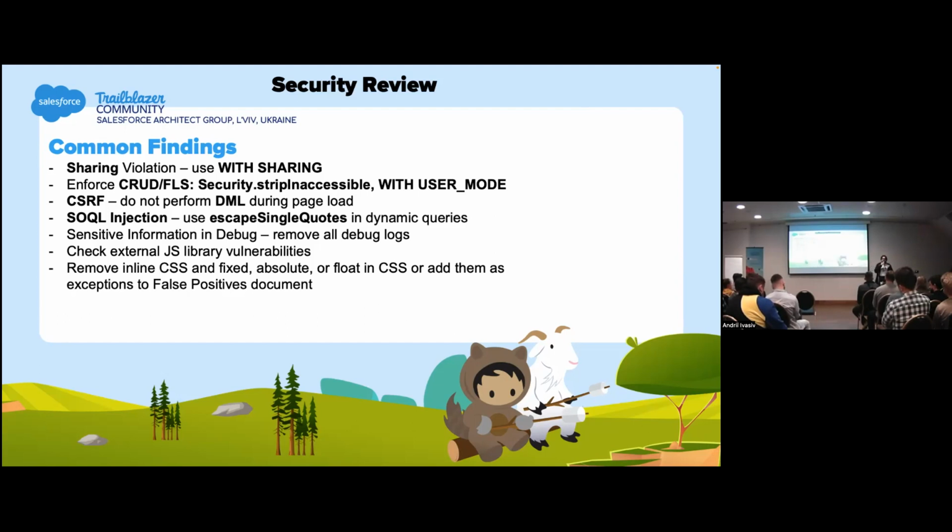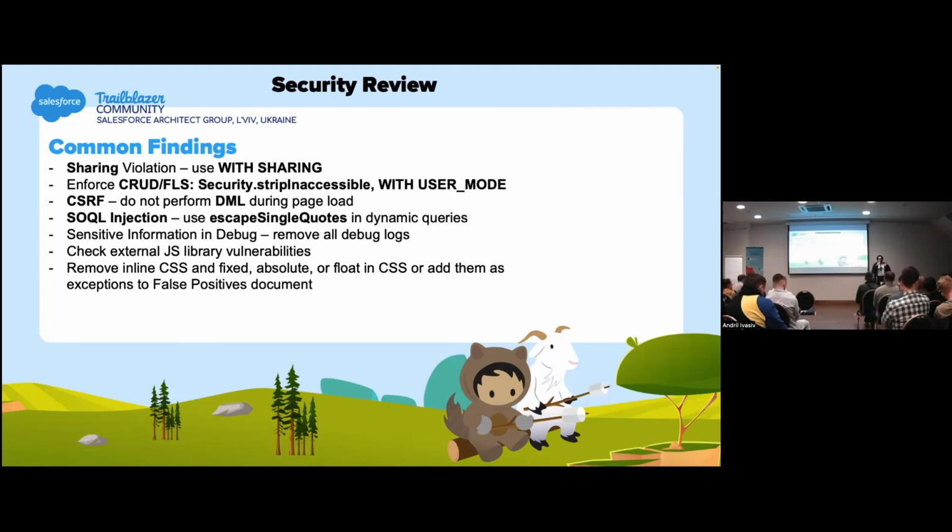Actually, each time you submit your package for AppExchange, you can get 3 results: passed, failed, or incomplete information. For example, if you didn't specify testing environment credentials, they will just say, hey, your submission is incomplete, we cannot proceed, please complete your submission.